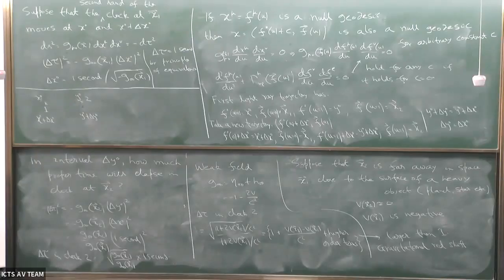It's again the same sequence. So you will detect the signal at 3.5. I emitted the first one at 1 second, you received it at the second. And I'm emitting the next one after 0.5 seconds. So you will receive that at 3.5 seconds.